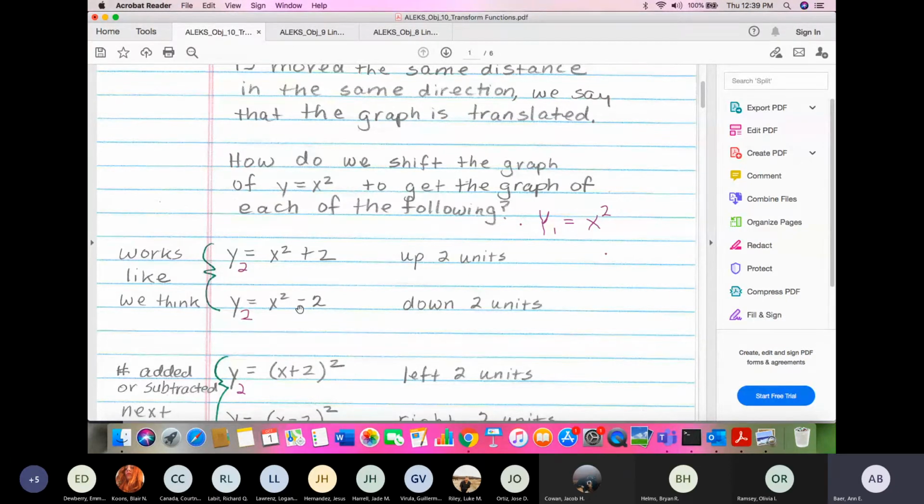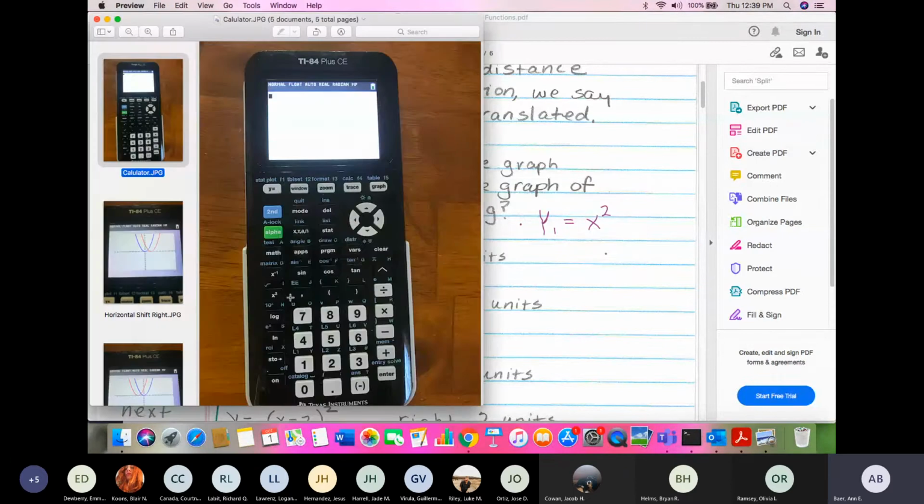Let me just show you. Zoom is right here. That's zoom, and then followed by the number 6. So if we do that, zoom 6 is going to graph the parent function first.